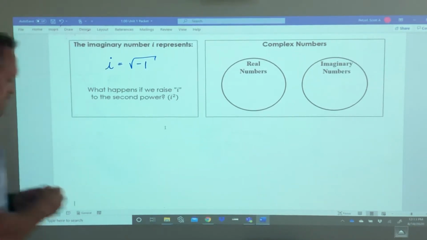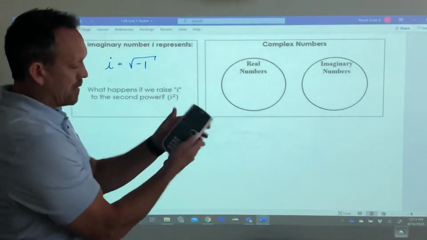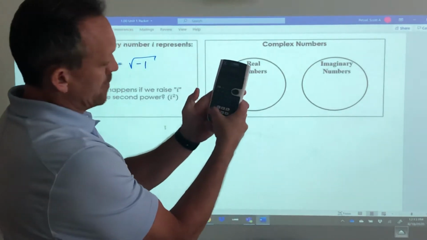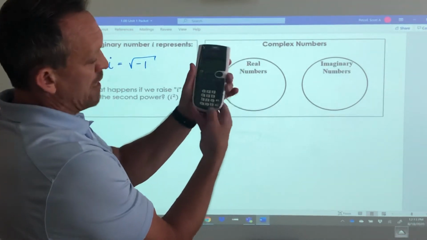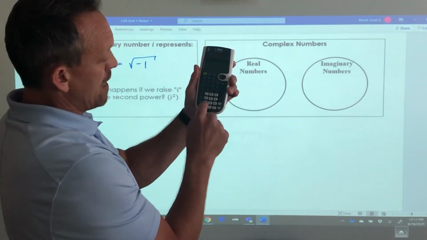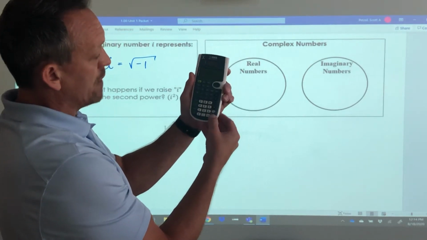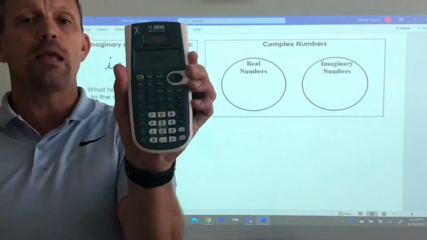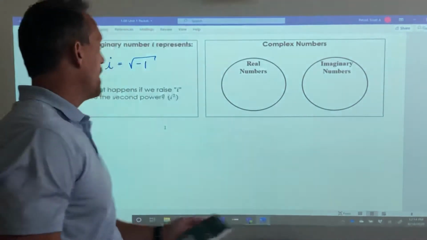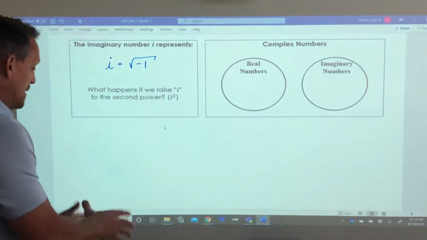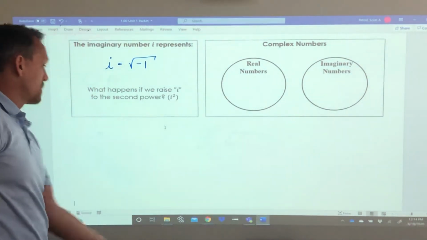Now, if you plug that into your calculator, if you had this calculator and you hit second, this button which has the x squared gives me a square root, the negative button, and then 1. So I have the square root of -1, and you hit enter, it will say domain error. The reason it says domain error is because it's imaginary. Algebraically, it does not make any sense.